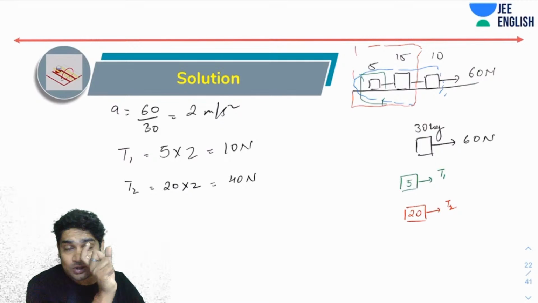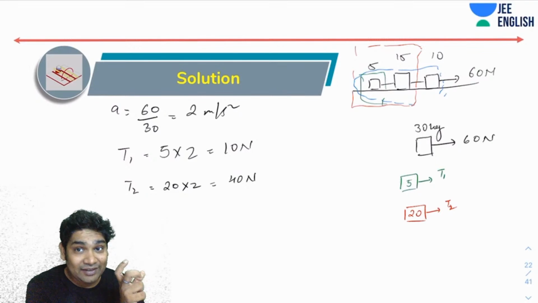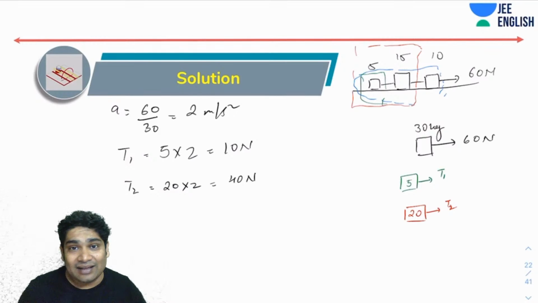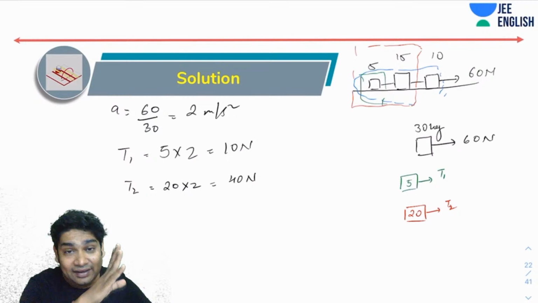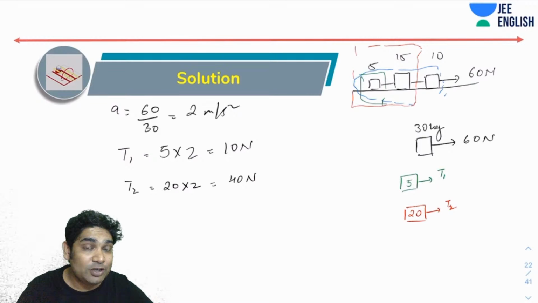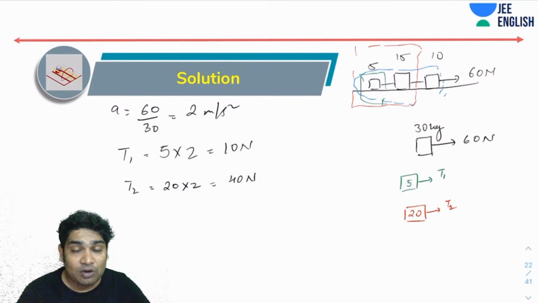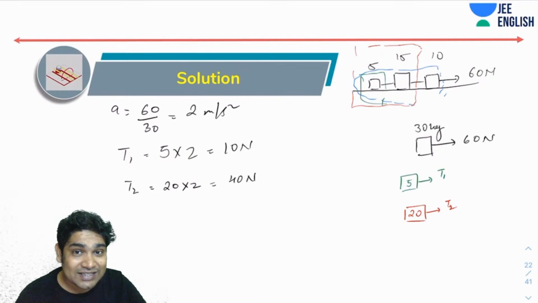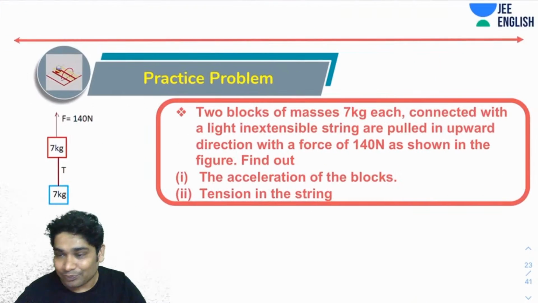Then for T1, I just chose the 5 kg block. Then for T2, I chose both the blocks. All right. I can draw the individual FBDs of the three, write 3, 4 equations and solve them. Yes, that will also work. But that will usually take you longer. So this method of coupling a lot of masses as one system will always save you time.